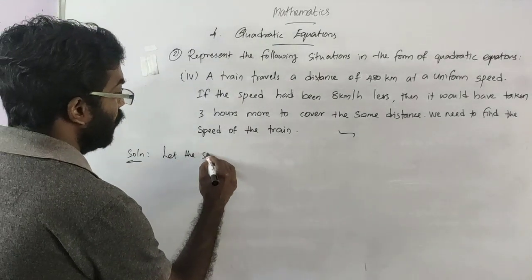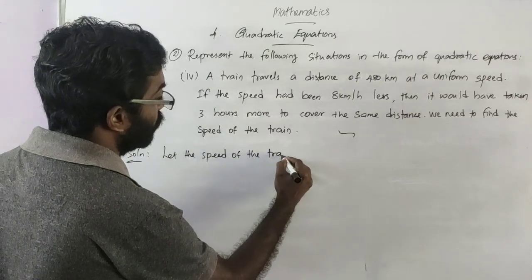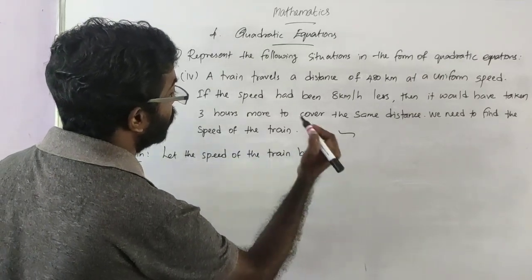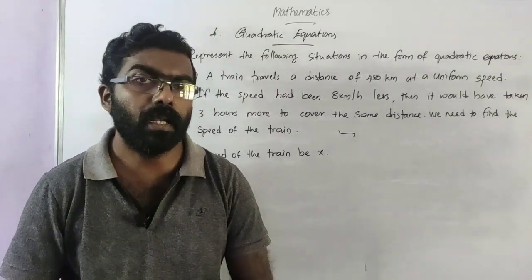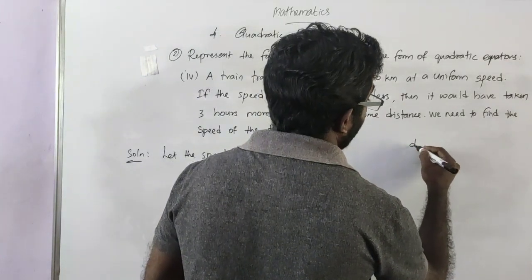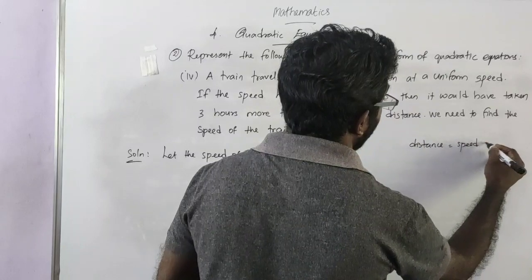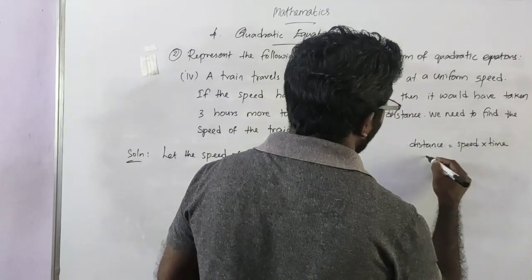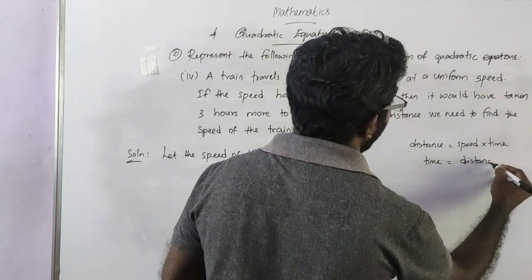Let the speed of the train be x. Now we know the relation connecting distance, speed and time. Distance is equal to speed into time, or time can be written as time is equal to distance by speed.